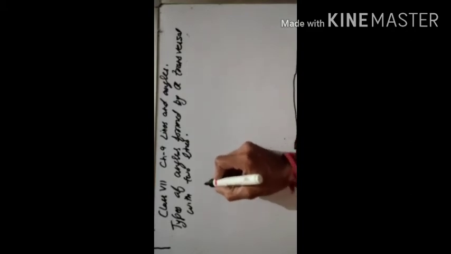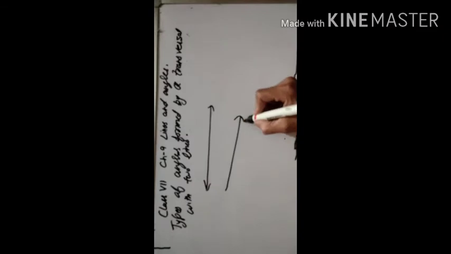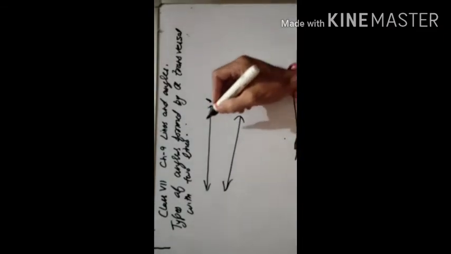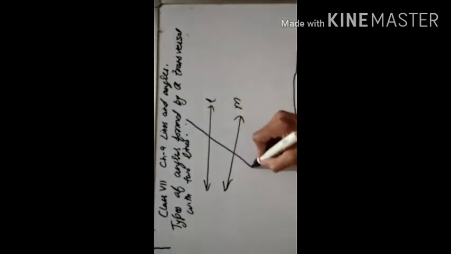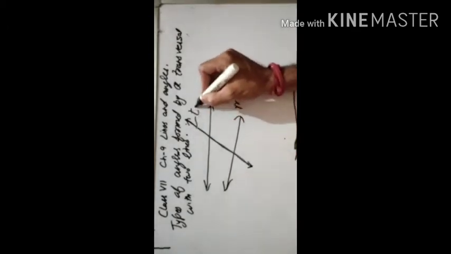First of all, understand what a transversal is. Suppose these are two lines, parallel or not parallel, L and M, and another line cuts these two lines here and here. Then this line is called a transversal.